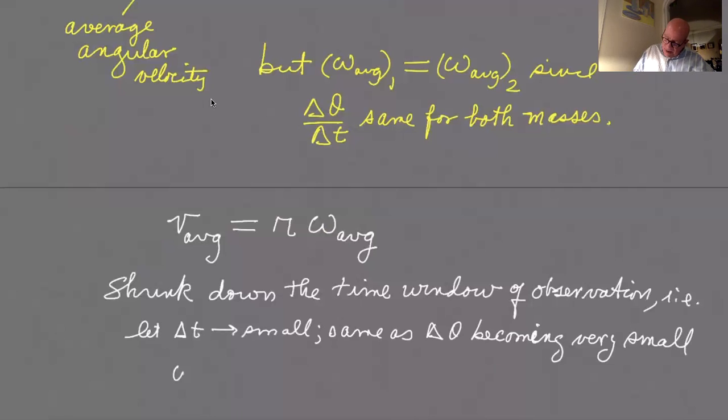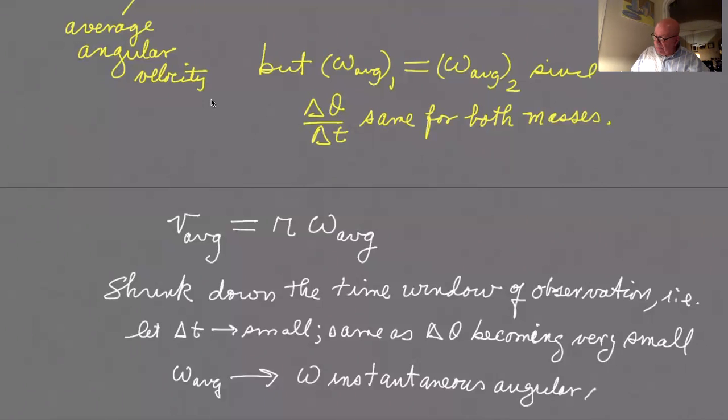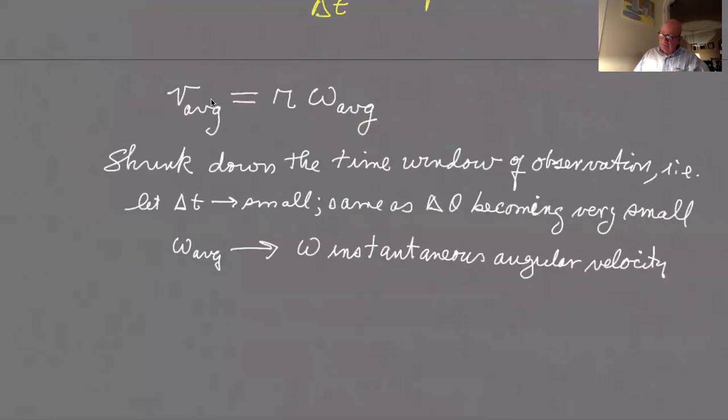Then omega average becomes an instantaneous angular velocity. Okay?